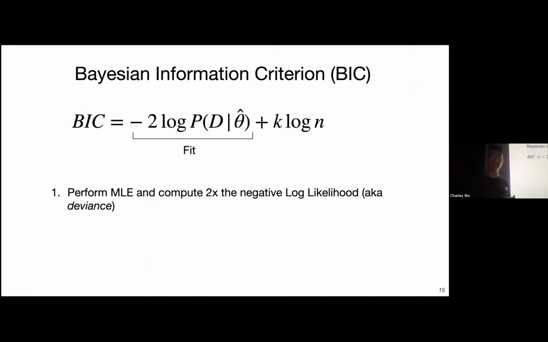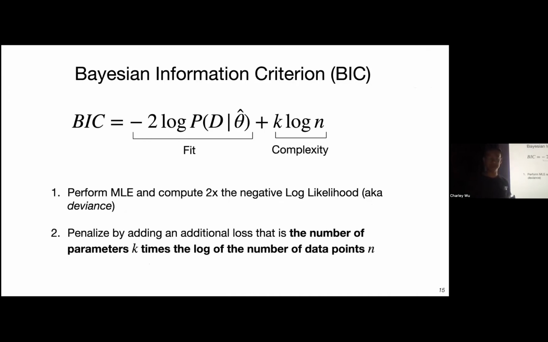BIC is actually very similar in practice to AIC. We have exactly the same fit term here. Again, we achieve this via maximum likelihood estimation. But then we add a different complexity term. It's K, the number of parameters, again, but rather than just times 2, we take log n, where n is the number of data points in the data.